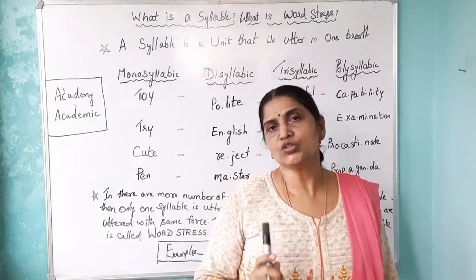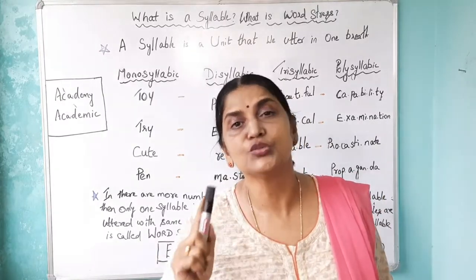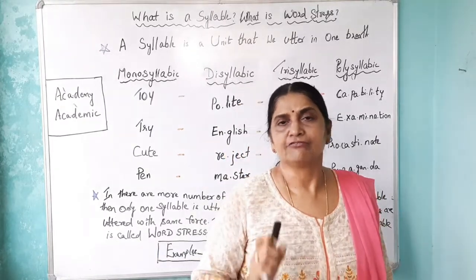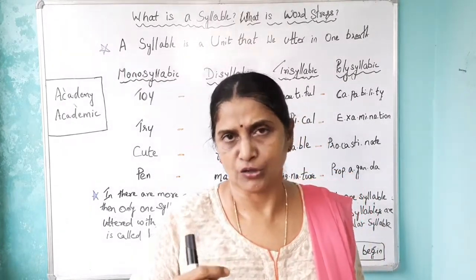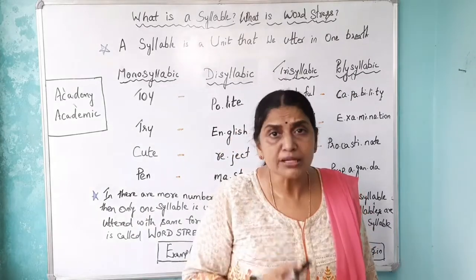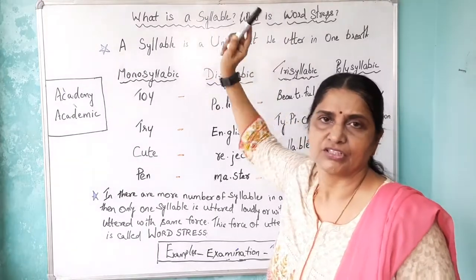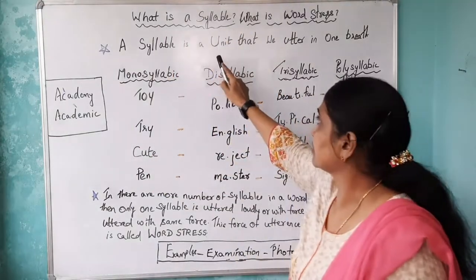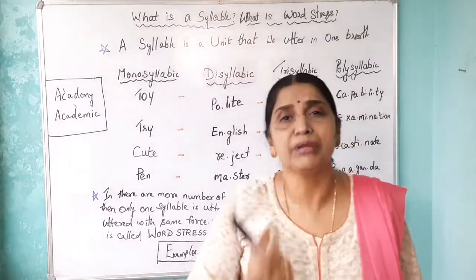Suppose you take a word, it consists of different units, and for each unit we take a breath. Okay? Now a unit which is uttered with one breath is called a syllable. So a syllable is nothing but a unit that we utter in one breath.